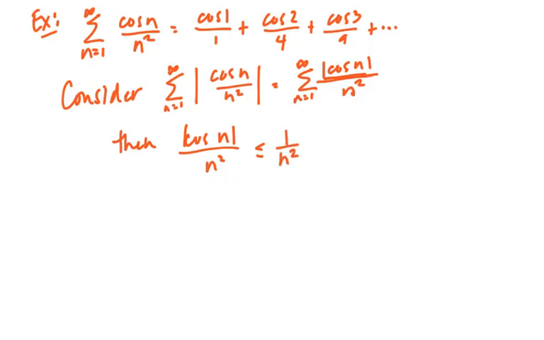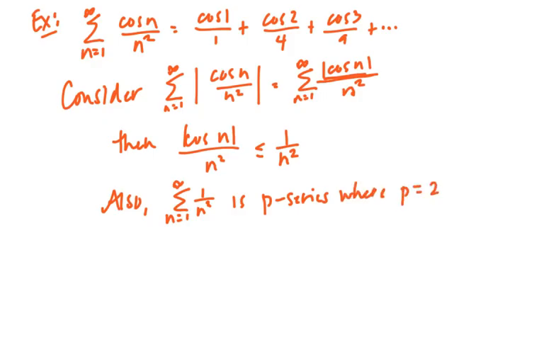Since this is true, then we need to look at 1 over n squared. So we say also the sum from n equals 1 to infinity of 1 over n squared is the p-series where p equals 2, which is greater than 1, which says it's convergent.